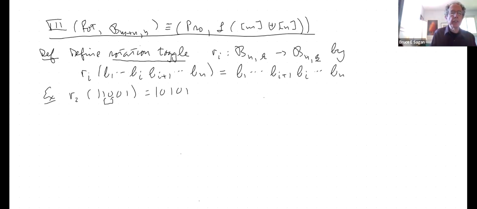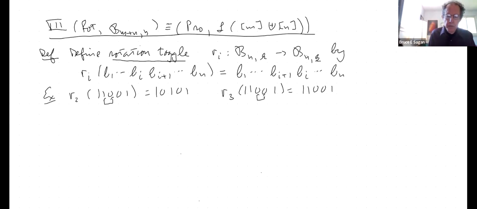Any questions? Good. What if I did R_3 on that same bit string? Well, now I would try to exchange the third and the fourth bit. And of course, that doesn't do anything because both bits are 0. So essentially it leaves it invariant.